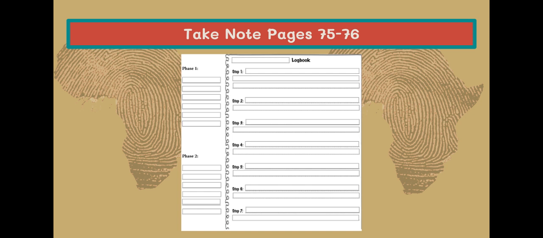I will take notes starting each phrase with an action verb to show how the action took place over time in different places. While I take notes on the board, you will take the same notes in your logbook. So for step 1, found dig site in Niger, Africa.